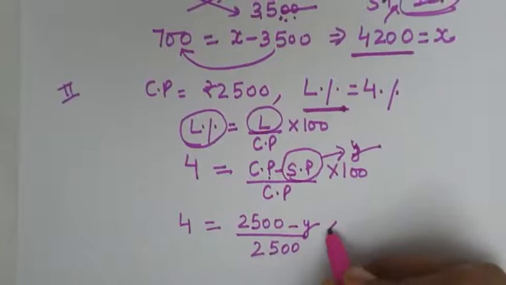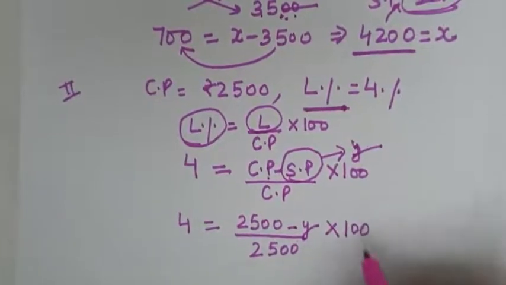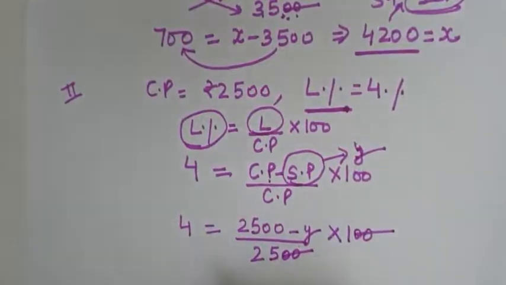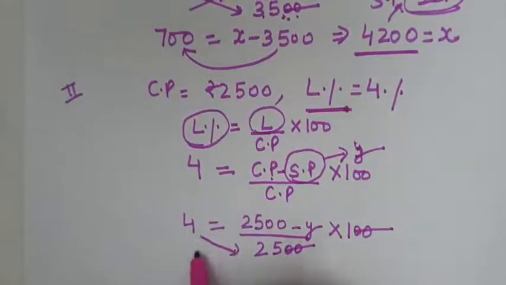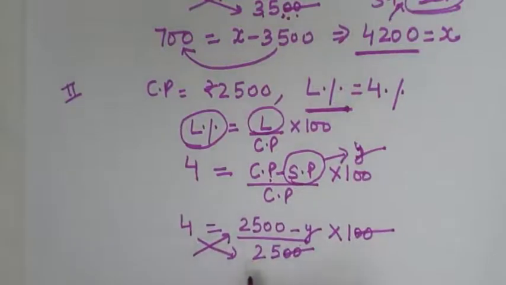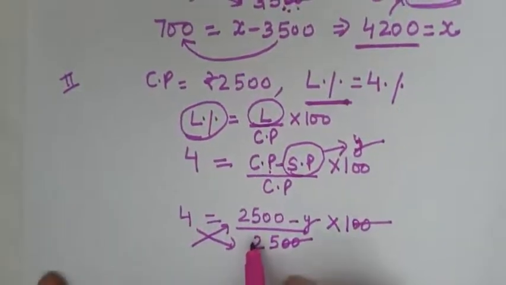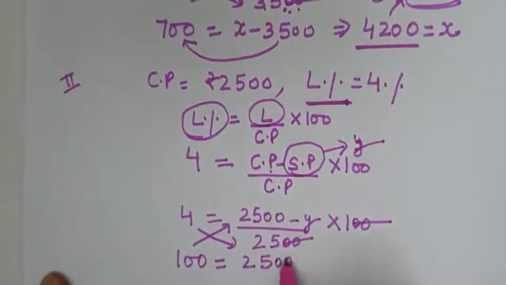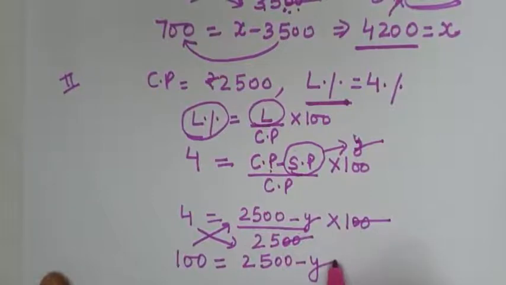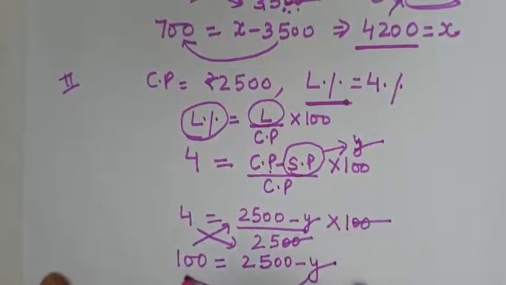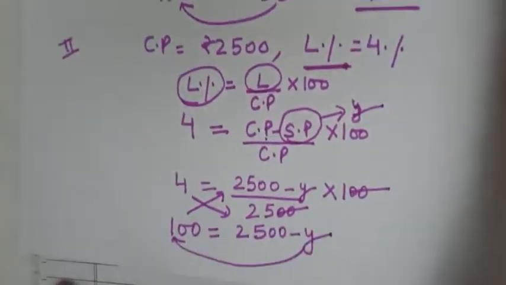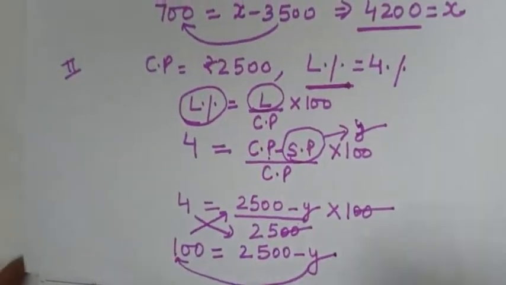2500 multiply 100. Again cancel these two zeros, and on cross multiplication we get what? 25 into 4, 100, is equal to 2500 minus Y. Now Y will shift to that side and 100 will shift to that side.